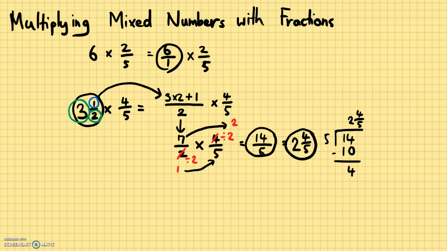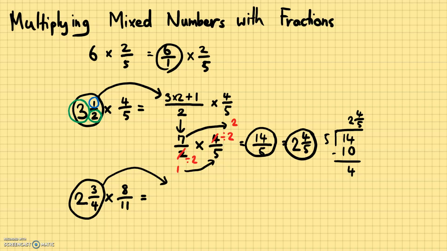Okay, so let's try one more example. Let's say I have 2 and 3/4 times 8/11. All right, so to multiply these two, again, we need to change the mixed number to an improper fraction. What does this equal?